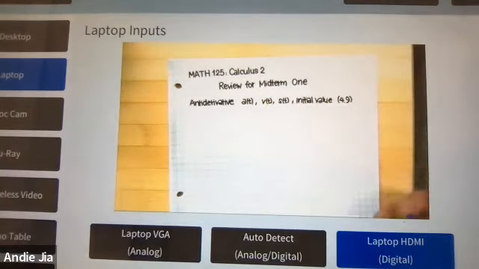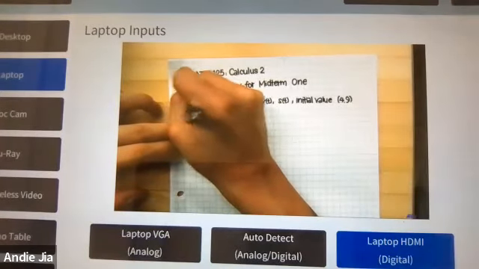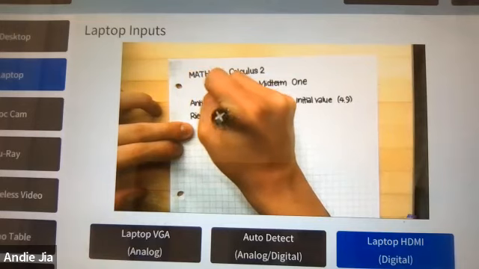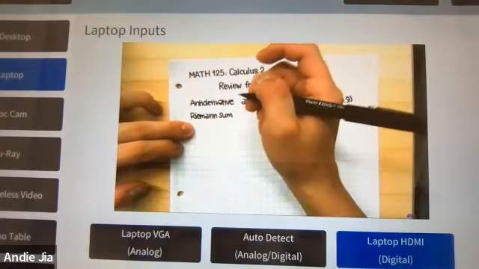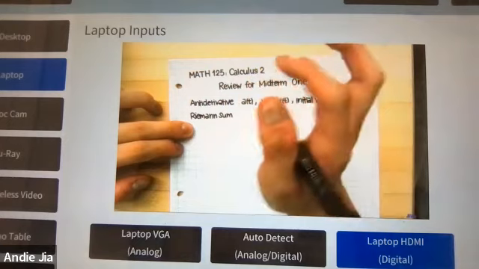And in 5.1, you can talk about Riemann sums. It's the total area under the curve, under the function, the swept region.